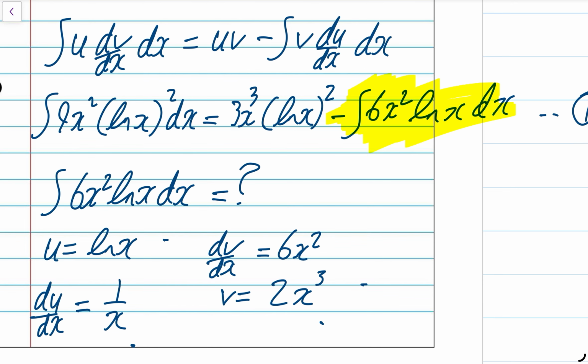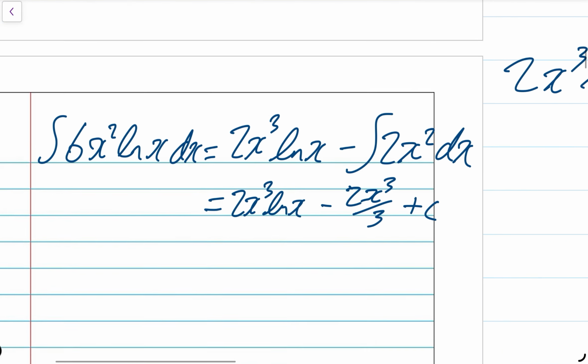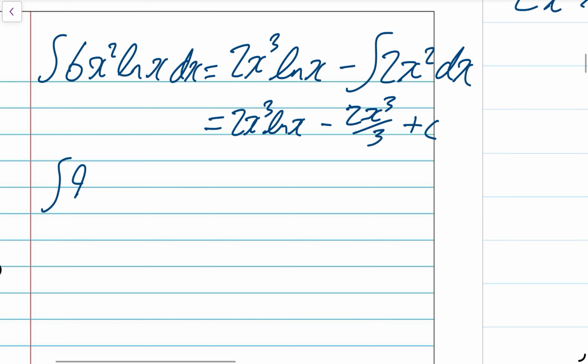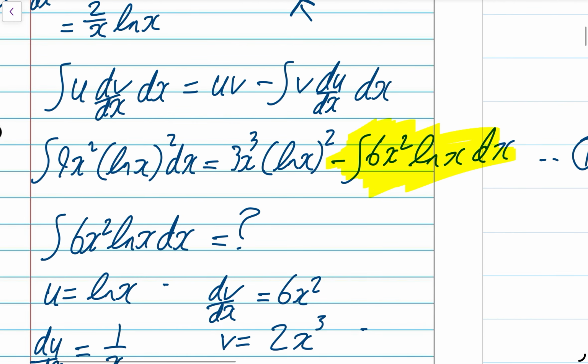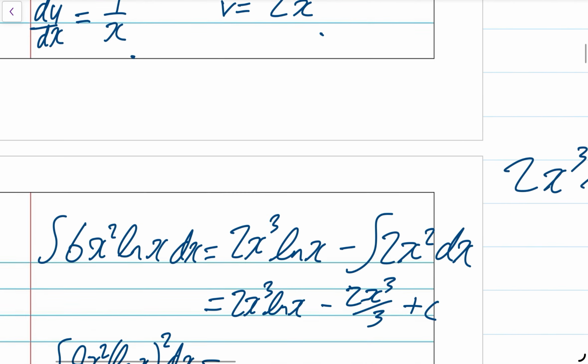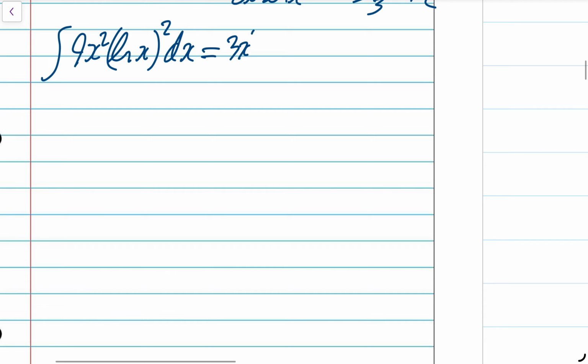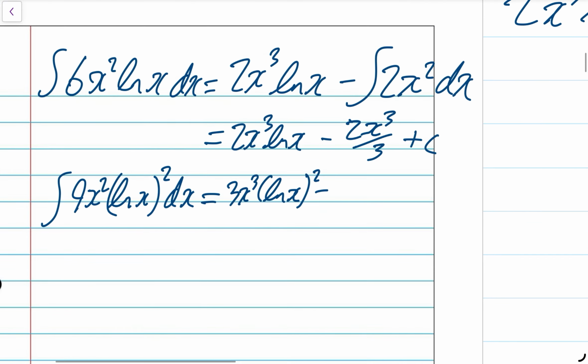Okay, right. So the integral of 9x squared times ln of x, all squared, I should say, was equal to 3x cubed times ln x squared, and then minus this thing here.